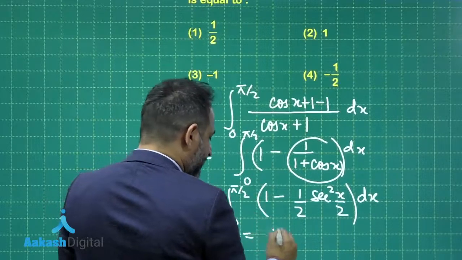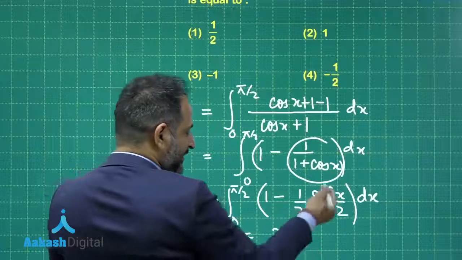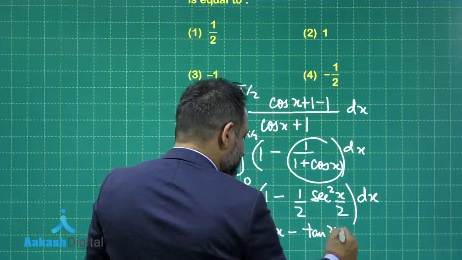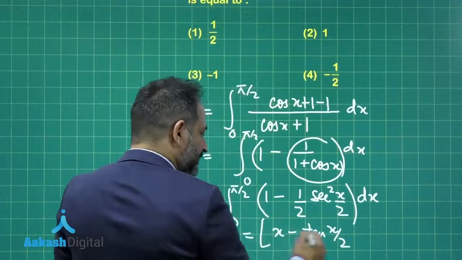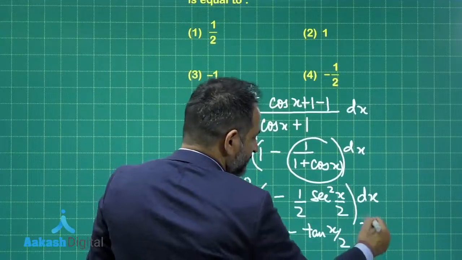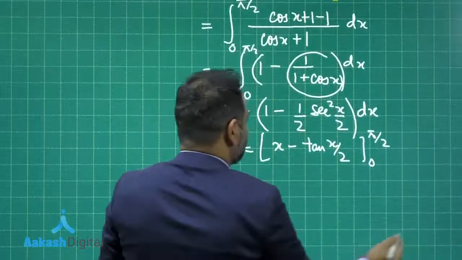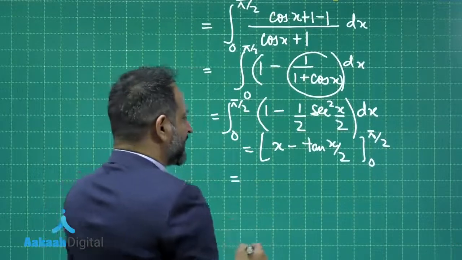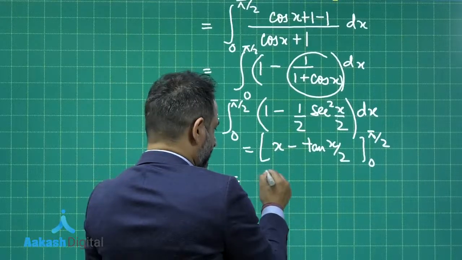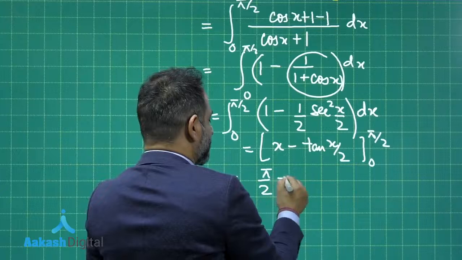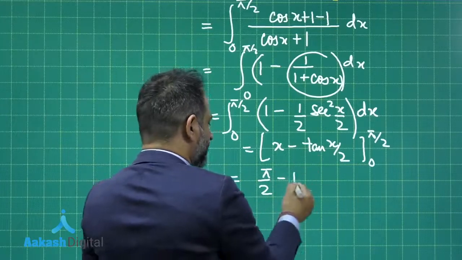The integral of 1 will be definitely x, and the integral of this is tan x by 2. So, applying the limits from 0 to pi by 2 here, we will have the value as pi by 2, and here it will be minus 1.